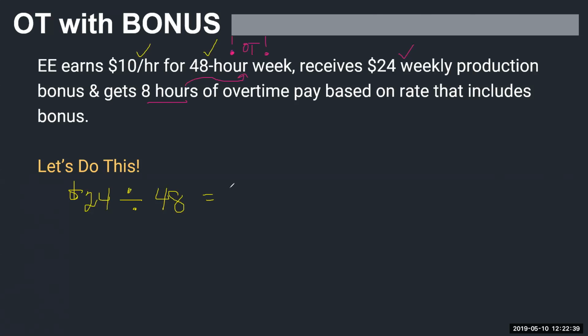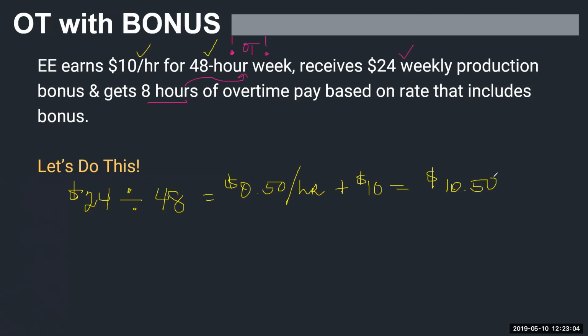So the production bonus value is 50 cents per hour. Perfect. So you're going to take this 50 cents an hour value production bonus and add this to the already established $10 an hour. So now the regular rate of pay is $10.50.